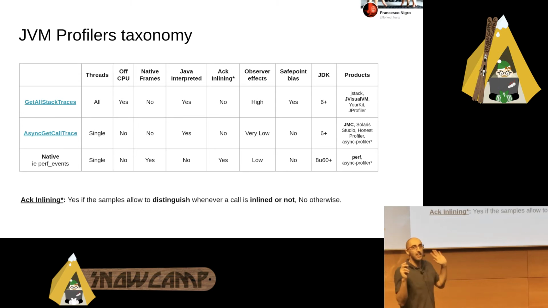There are, luckily, ones that work. The point is that you don't have to be safepoint biased, right? How? Oracle is very smart, because there is one call called AsyncGetCallTrace that belonged to a very old project called Forte. Has anyone ever heard about Forte?